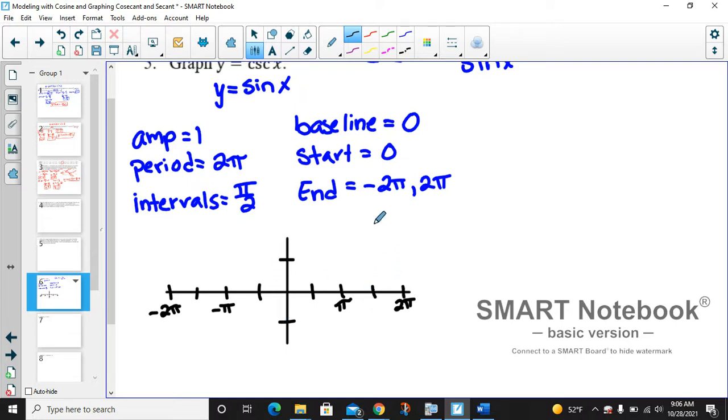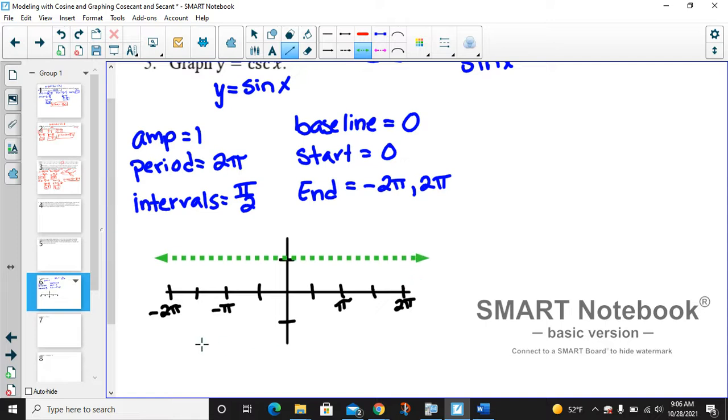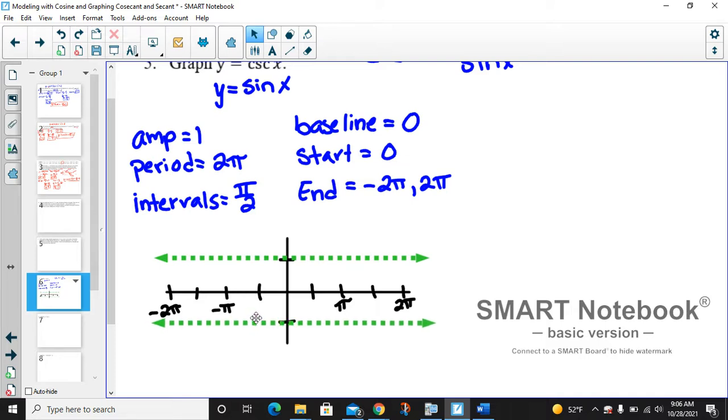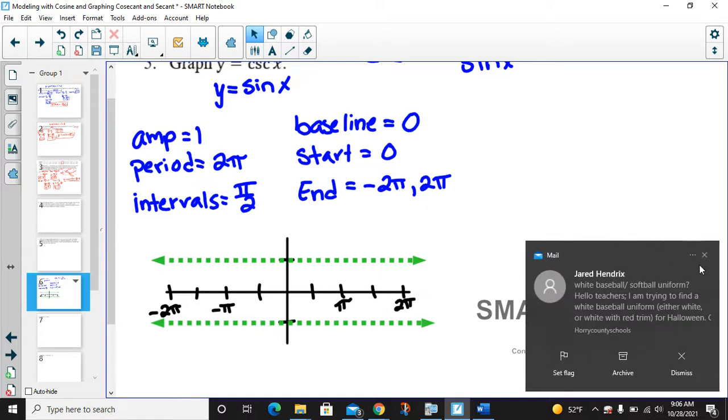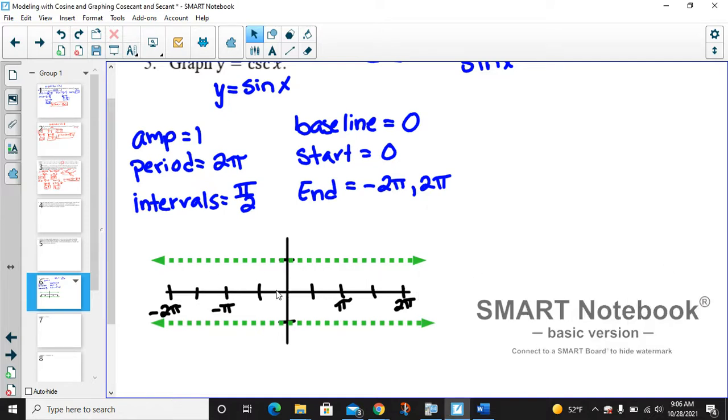If we were to graph sine, it starts at 0, and sine always starts on the baseline. I can also put some guidelines up here at the max and min, and the baseline is also one of our guidelines.